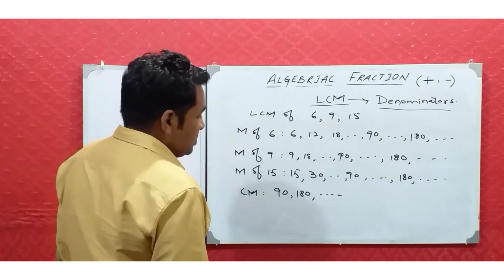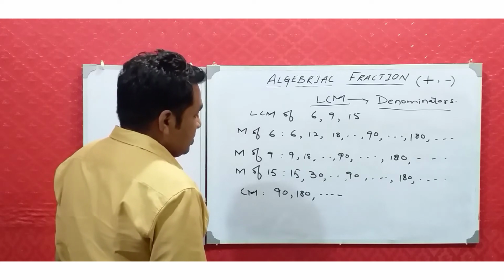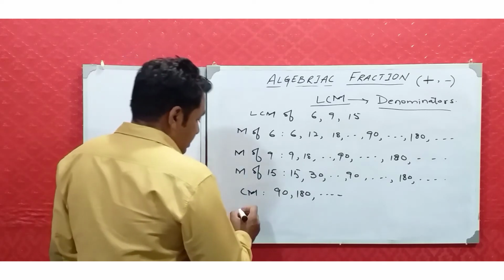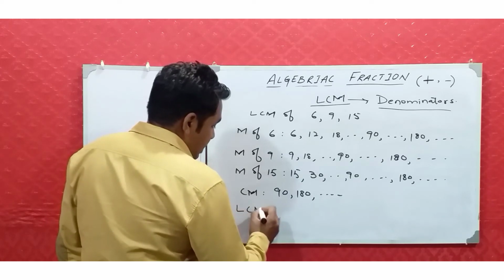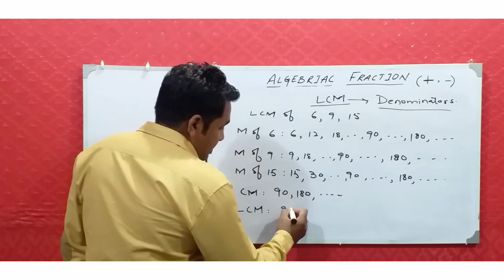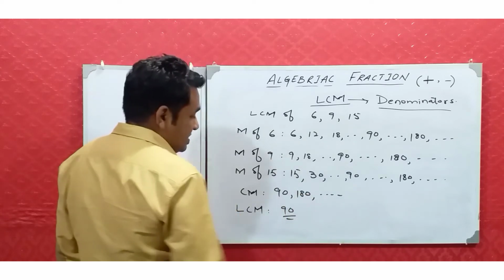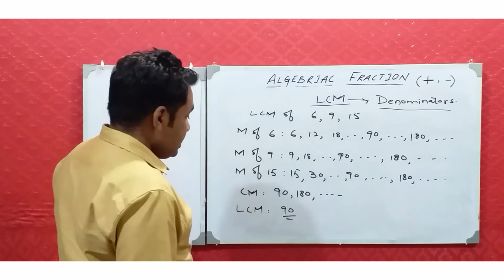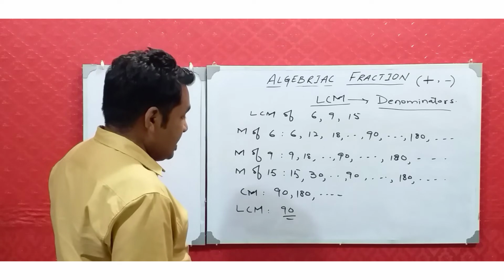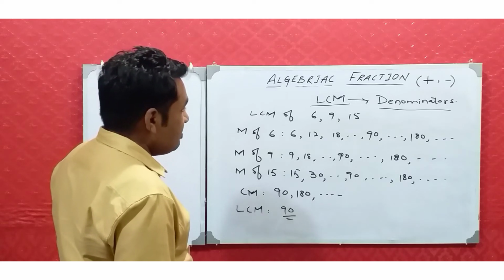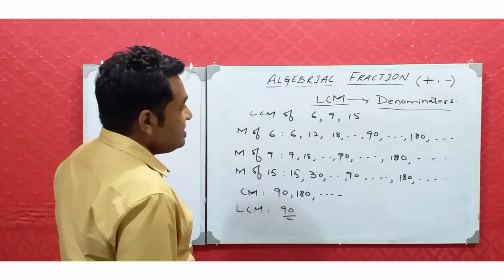I hope you have guessed what the least common multiple is. The least common multiple is 90. If I ask you the question, what is the highest common multiple of 6, 9, and 15, can you find it?